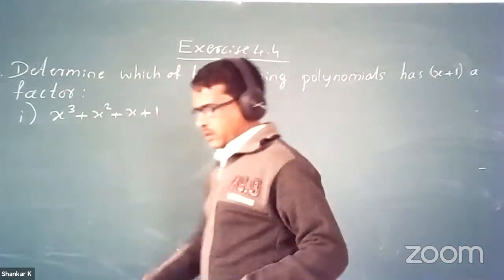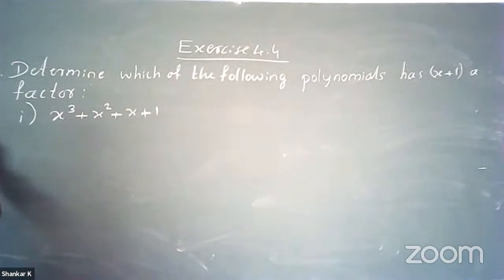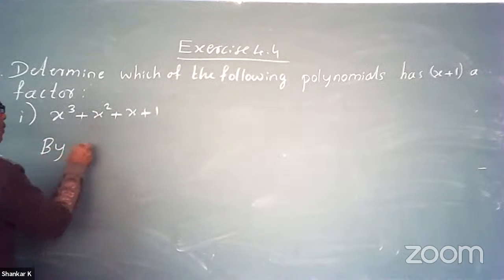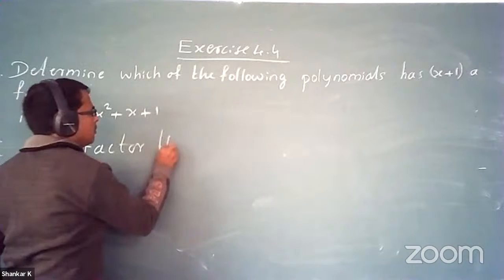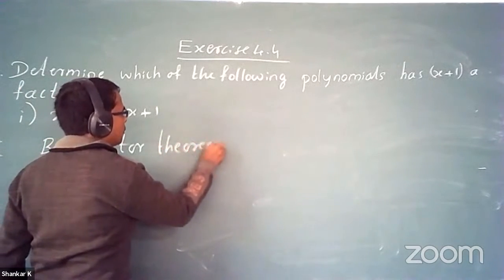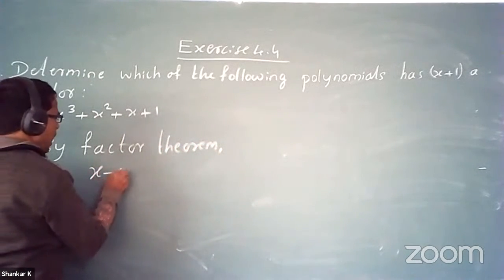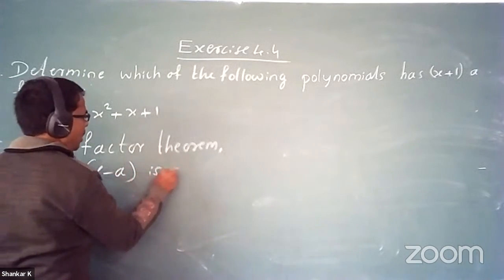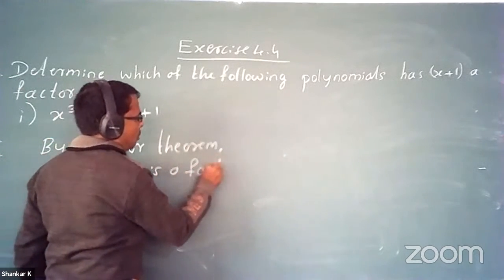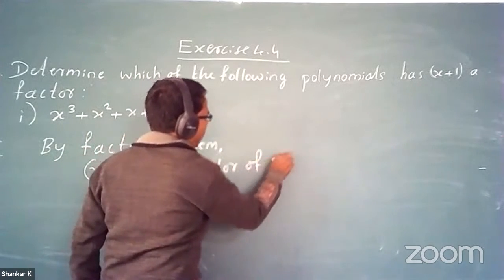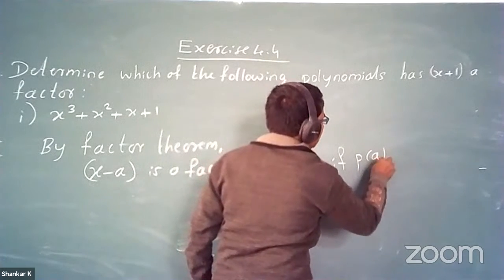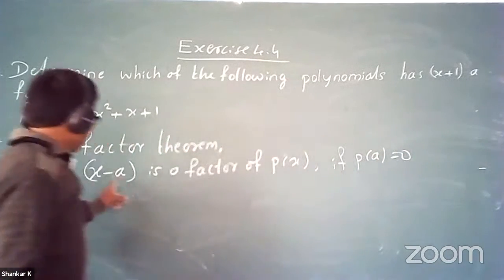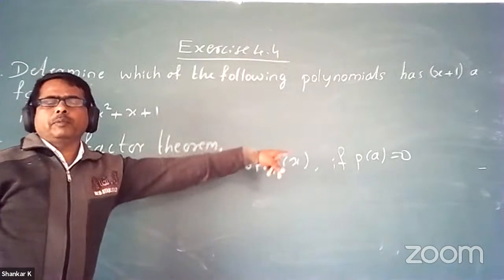What is given here? By factor theorem, x minus a is a factor of p of x if p of a equals 0. x minus a is a factor of p of x if p of a is 0.